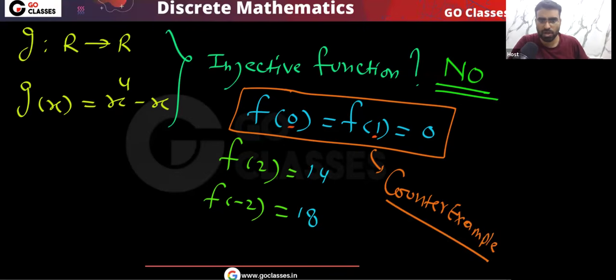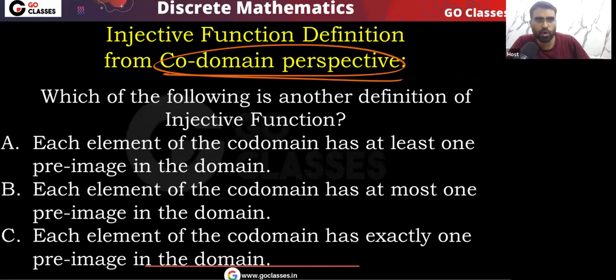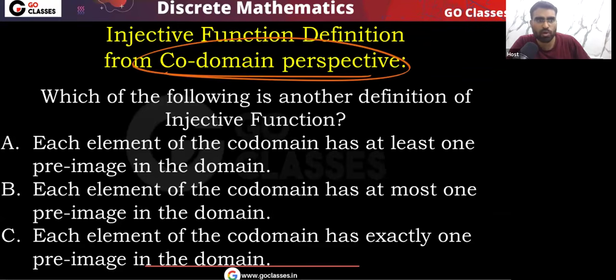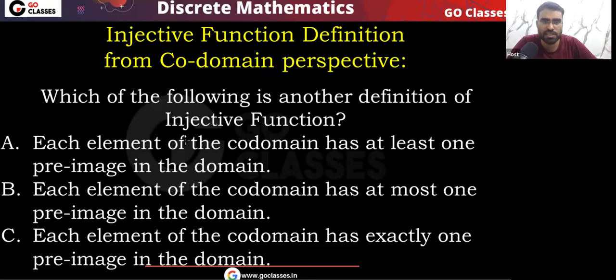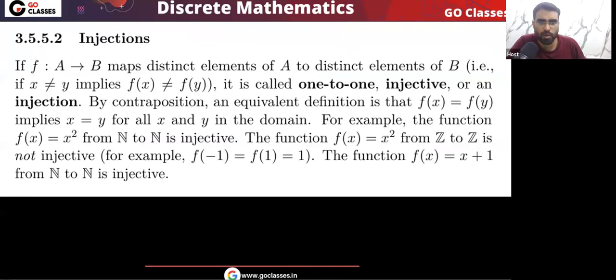Okay, let's move on now. Quickly read this question and tell me the answer. The definition of injective function from codomain point of view. So far the definition of injective function that we have seen, is that from domain point of view or codomain point of view?